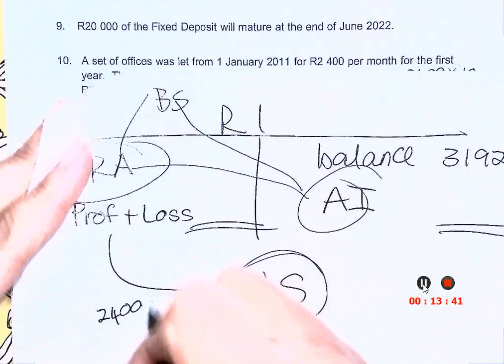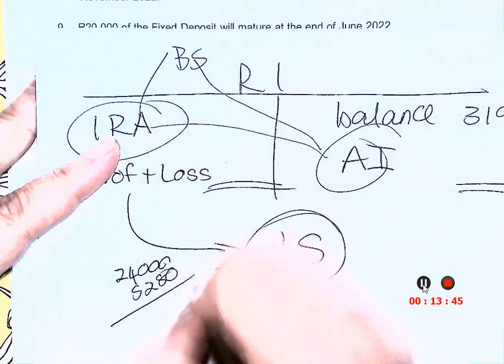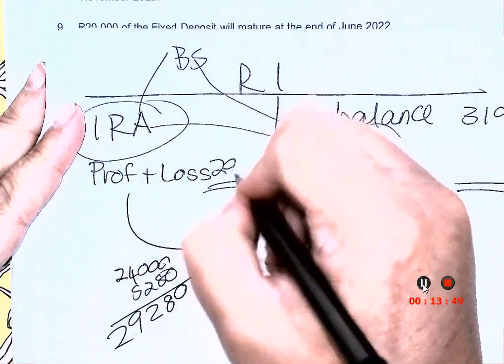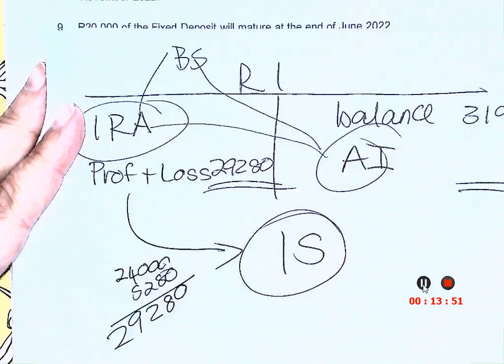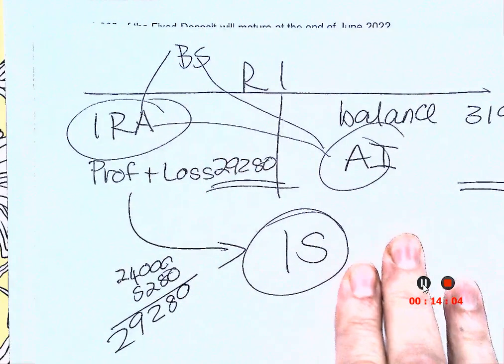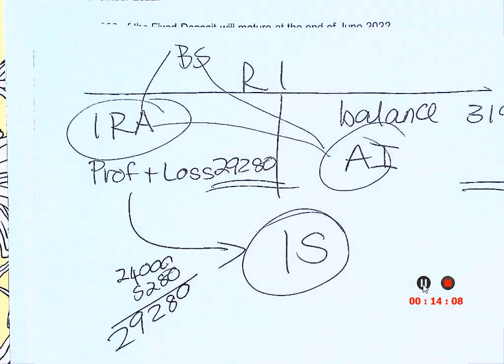Can you see, they have given me the profit and loss, it is those two together, the 24,000 plus the 5,280. Can you see, I'm supposed to receive 29,280. Is this accrued? Does he still owe me, or did he pay in advance? No, look here. If I have to balance, what side am I going to balance? Debit or credit? Debit.